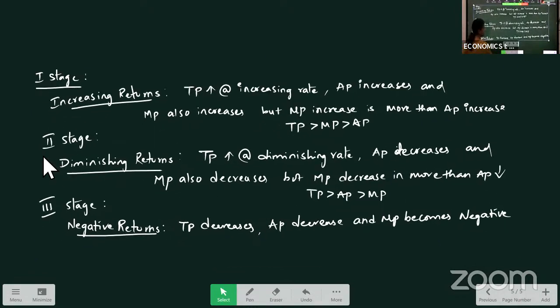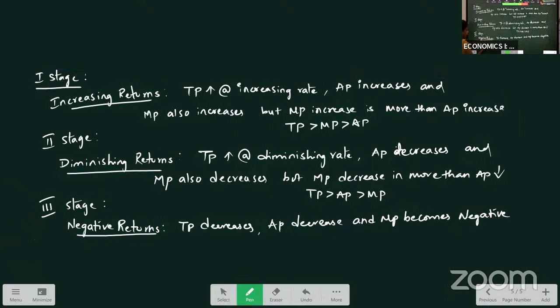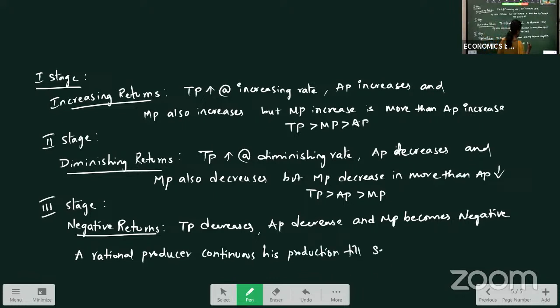So, you can give a conclusion over here. A rational producer continues his production till the second stage.